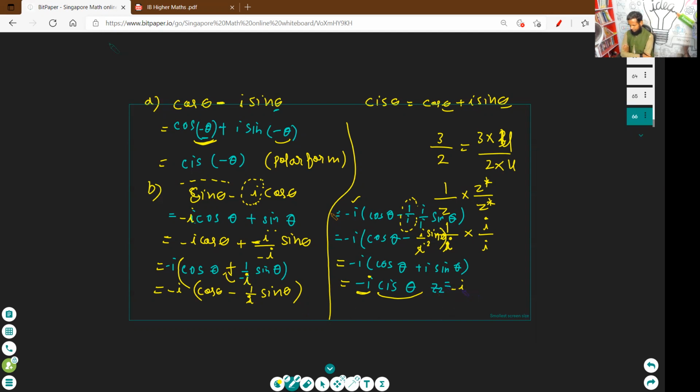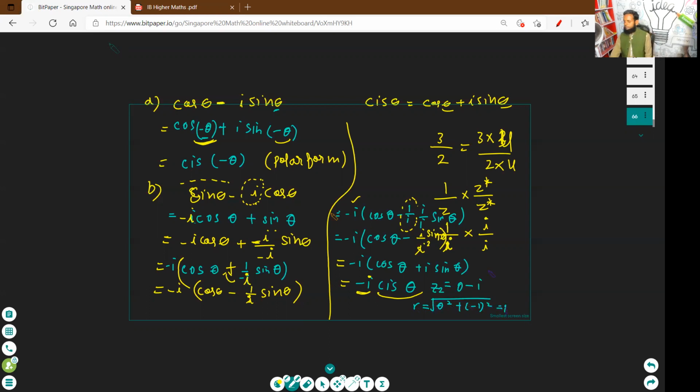Let me erase this. I need more space, so let's move to the next page. Here you should find r and theta. r is the square root of 0 squared plus negative 1 squared, which equals 1.